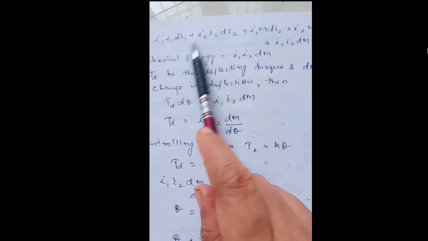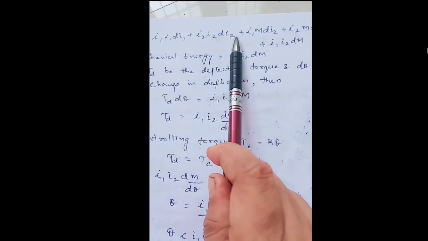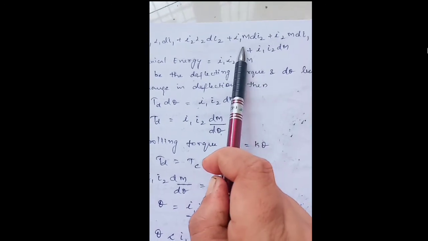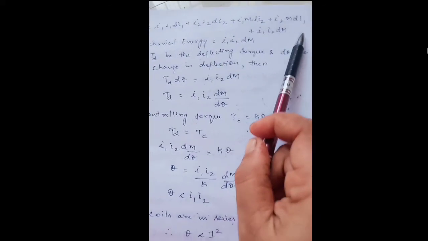So this is the differentiation equation. Then we are going to simplify this equation in our next step. So it changes as I1 L1 dI1 plus I2 L2 dI2 plus I1 M dI2 plus I2 M dI1 plus I1 I2 dM.